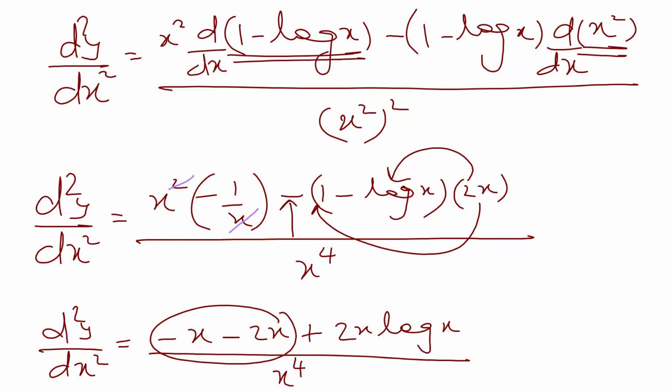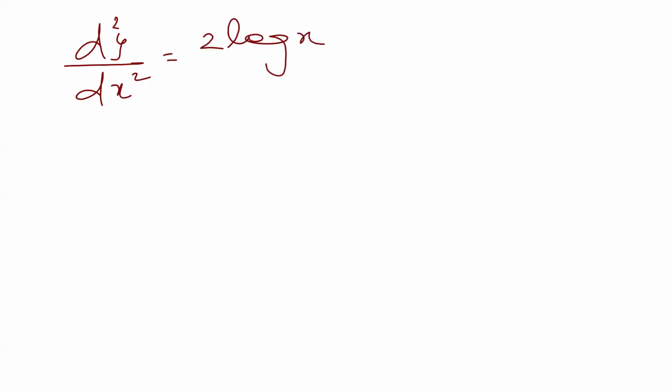d square y upon dx square will be 2x log x, sorry, minus 3x upon x raised to 4.